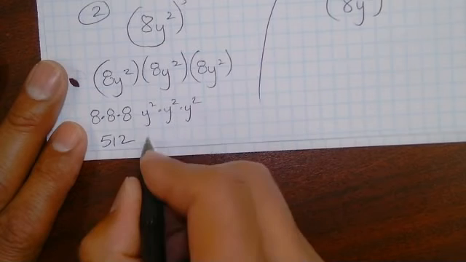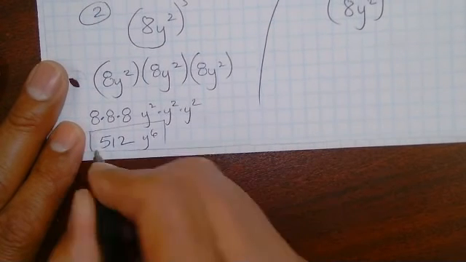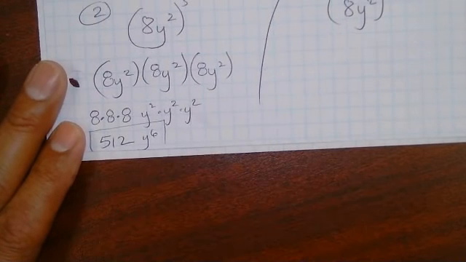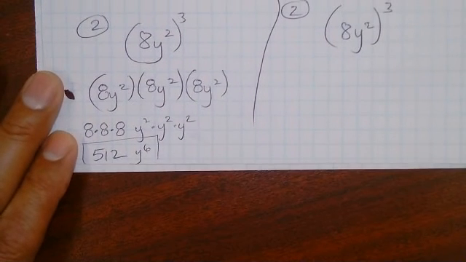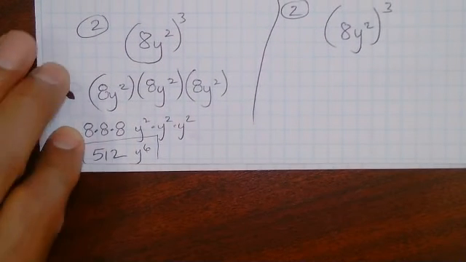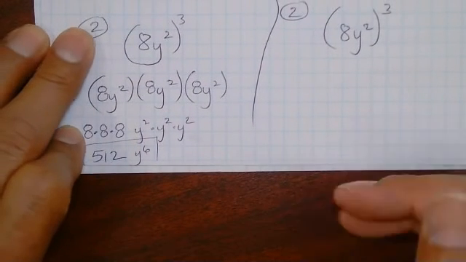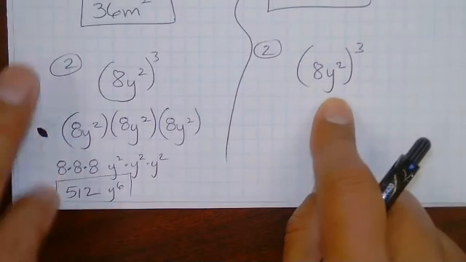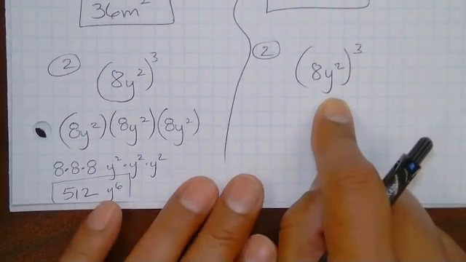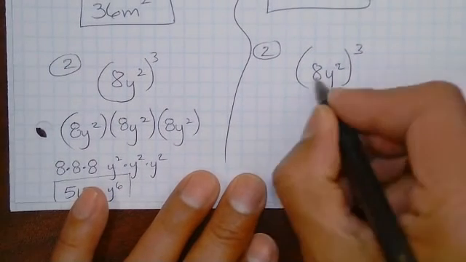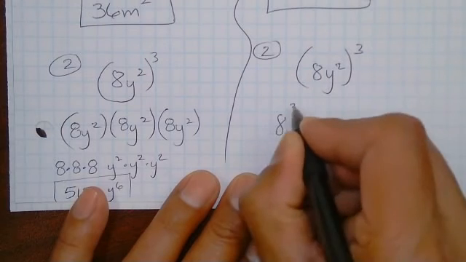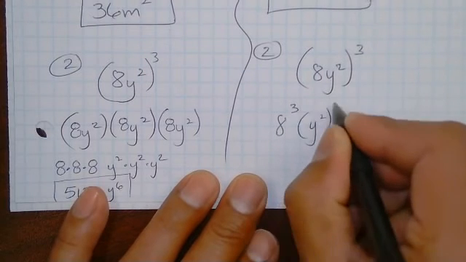When you have the same variable, you keep the variable and you add the exponents: 2 plus 2 plus 2. You get 6. Did everybody get that? That's how we did it last time. Okay, that's good. But hopefully you're going to be convinced that if you know the power rule, it's going to be a little bit quicker, a lot quicker. What does this mean? That everything in here gets a power of what?